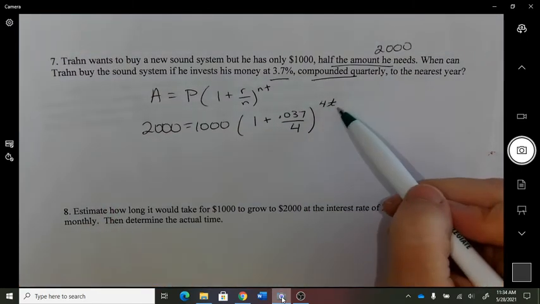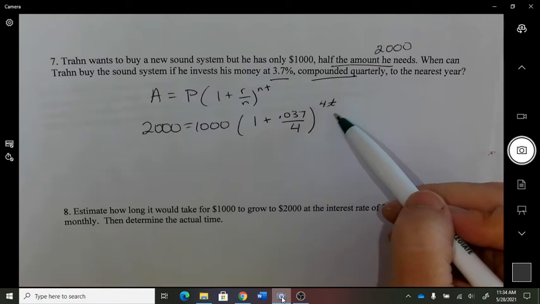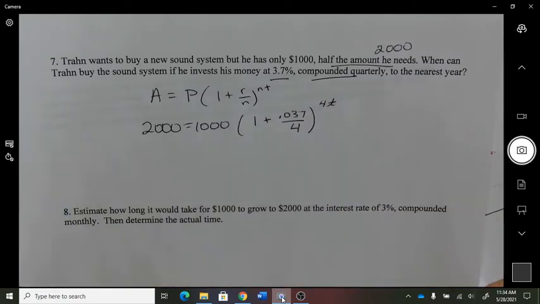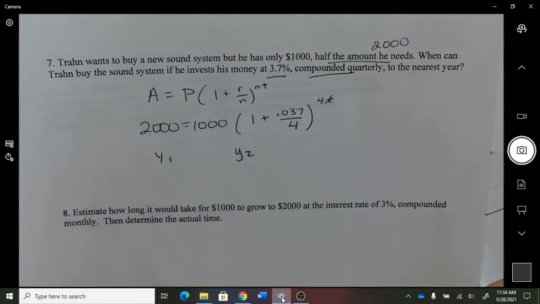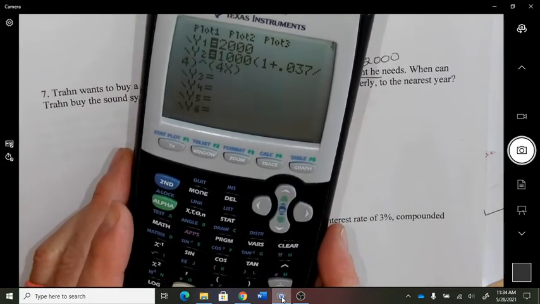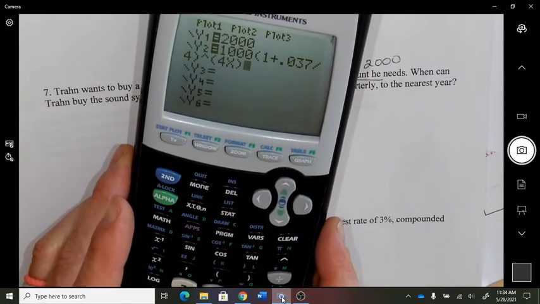Okay, so to solve when your variable is in the exponent position, well, you could use logarithms, but I don't recommend that. I'm going to put this in my calculator as a y1 and a y2. When I'm doing this, it's important that I put the exponent for x in brackets.